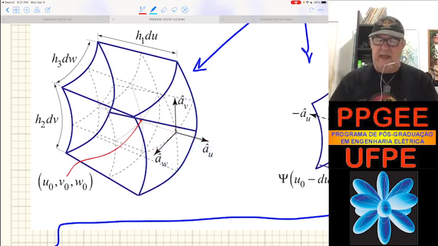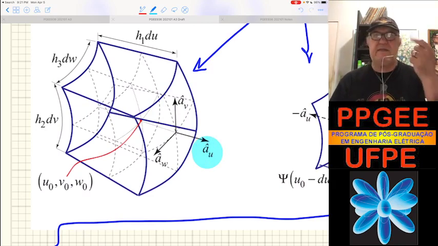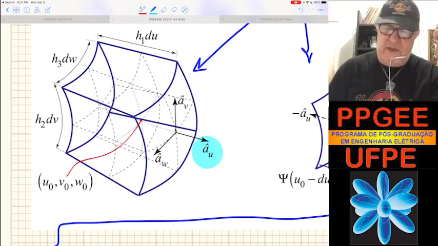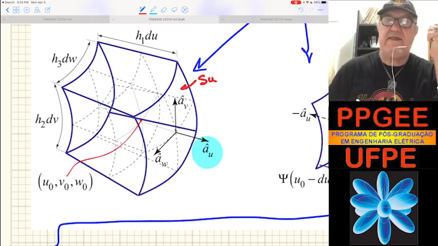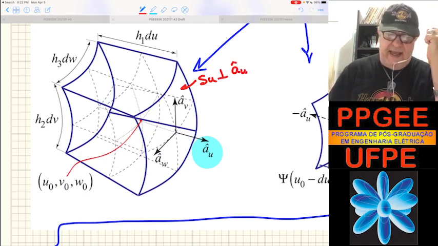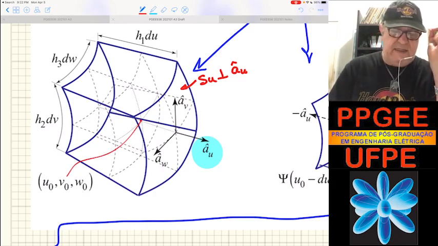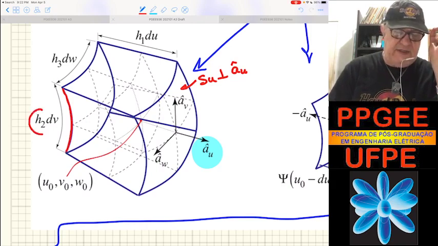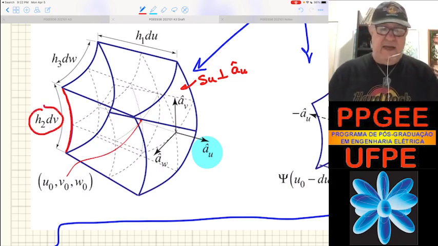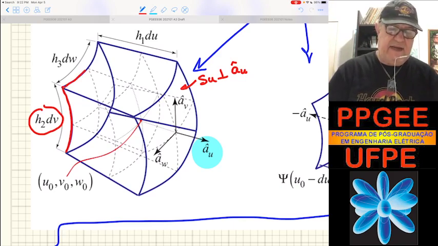And by definition, a_u is orthogonal to the first coordinate surface, which is S_u, which should be this one. S_u is orthogonal to a_u. So S_u has two segments, orthogonal to a_u: the second direction, in which we have a length h_2 dv, and the third segment, h_3 dw.